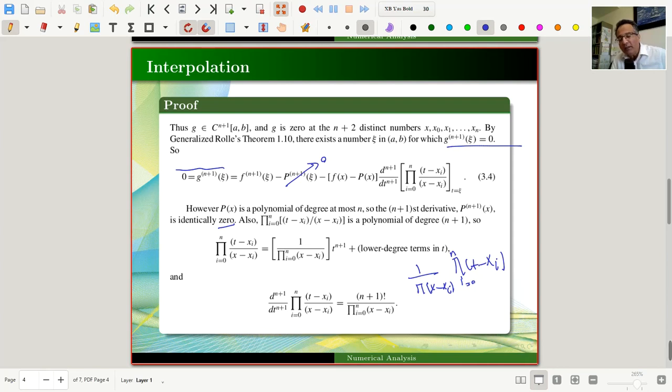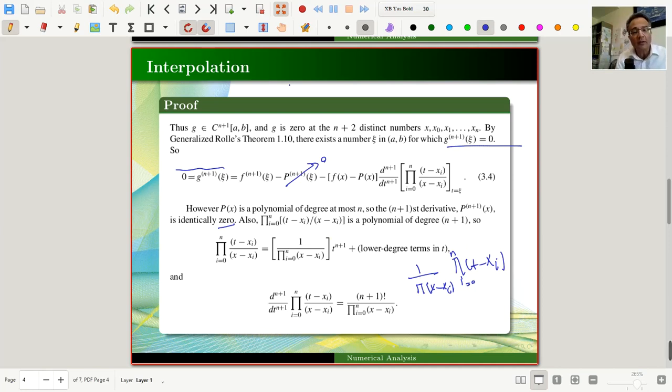So the derivative of order n plus 1 of this polynomial is n plus 1 factorial, with a coefficient of 1 over the product of (x minus xi) appearing here. You can conclude this very easily if you just write this parenthesis in polynomial form.